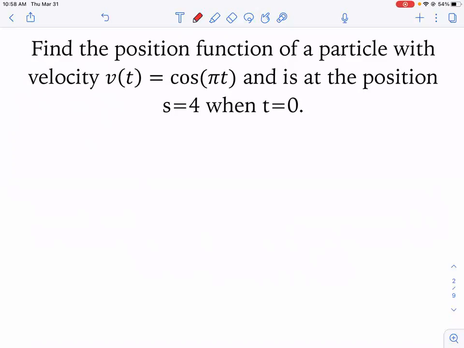Okay. We are going to find the position function of a particle with velocity cosine of pi t, and it's at the position s equals 4 when time is 0. If we're going to go backwards, we do need an initial condition so we can find the plus c.